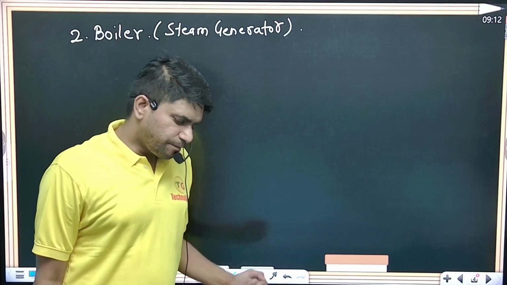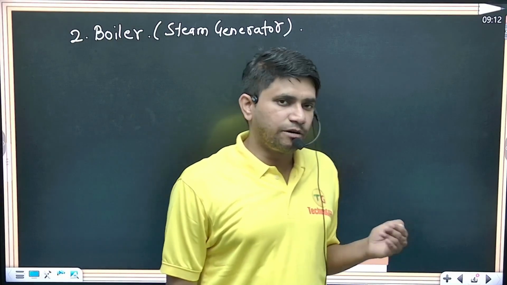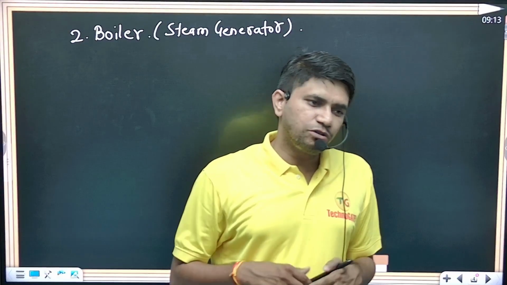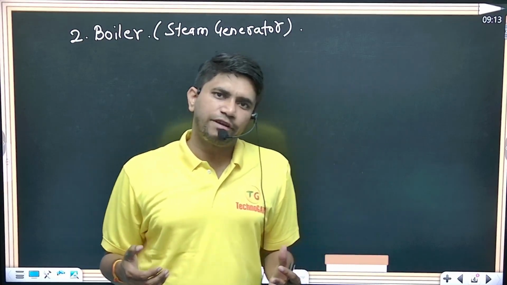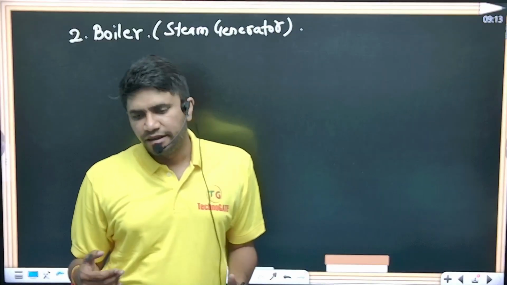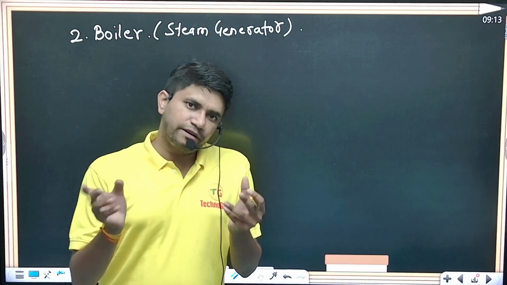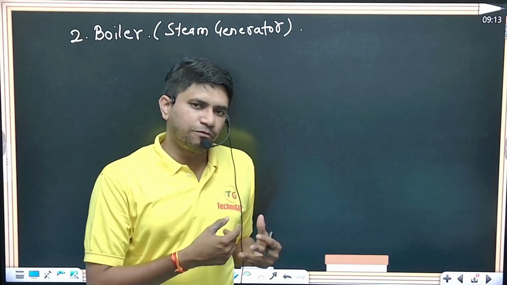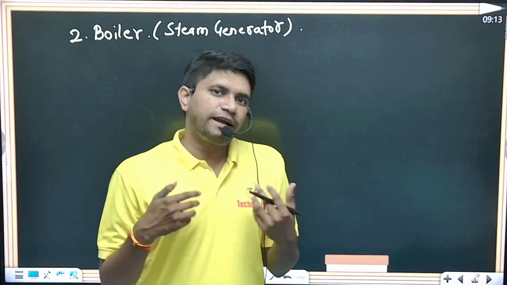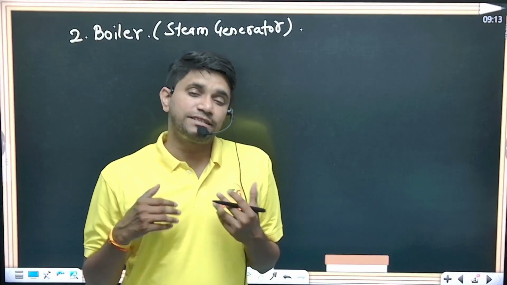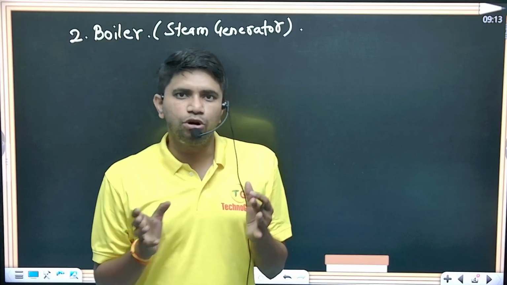So what is the purpose of this boiler? Below the boiler we have a furnace in which the coal is burned. I am not directly writing the definition of boiler, I will write it down, but I need you to understand that firstly, the coal gets burned.